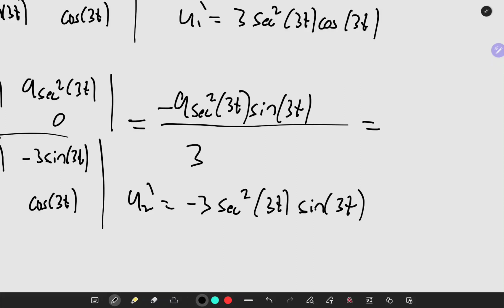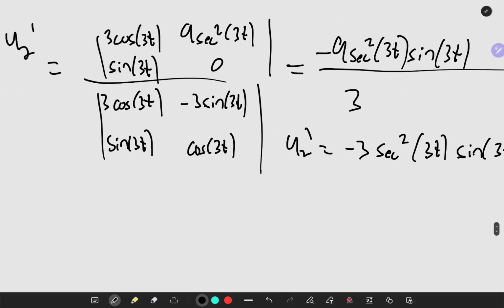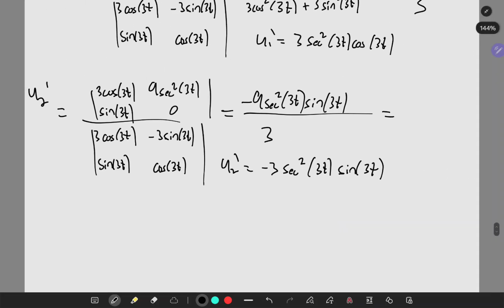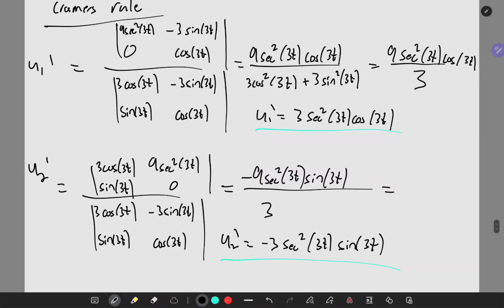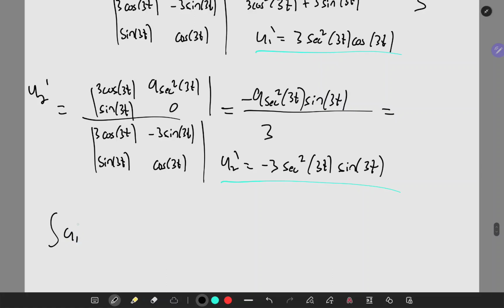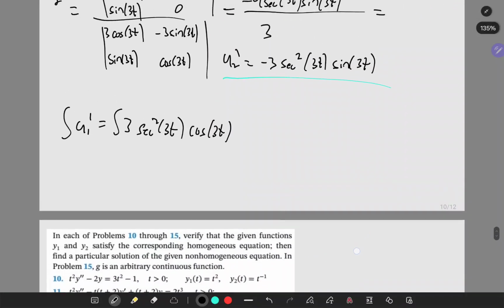So now we can integrate these. So yeah, you could simplify them right here, right now. But you really can't see the light until you do the integration. So I'll just go ahead and do that first. So u1, integrate u1 prime, integral 3. So now, if you're integrating this, I need another page.